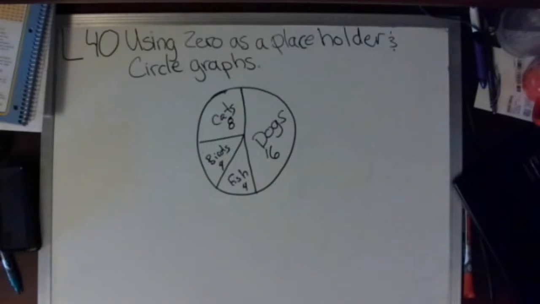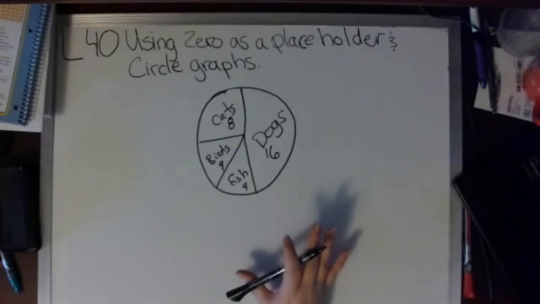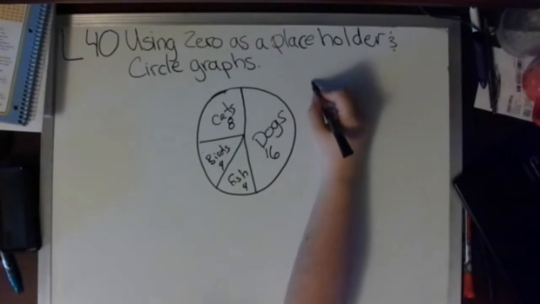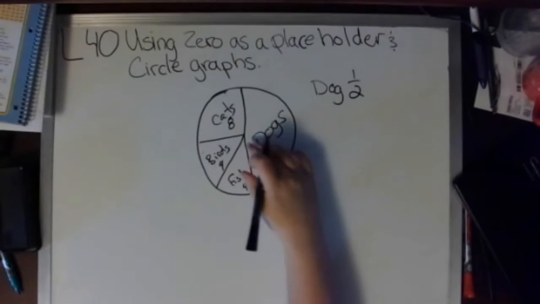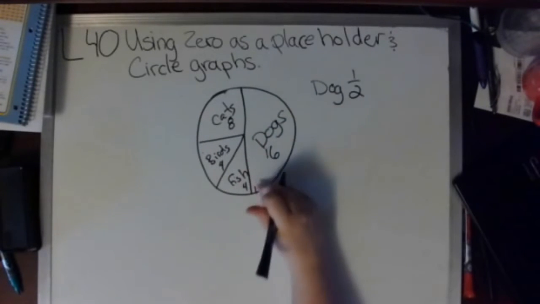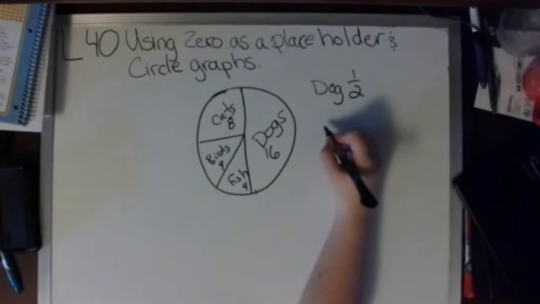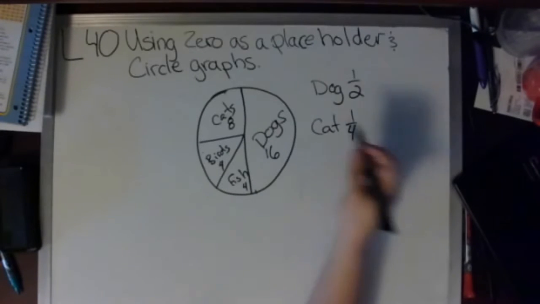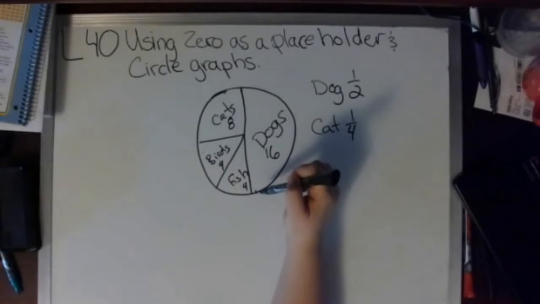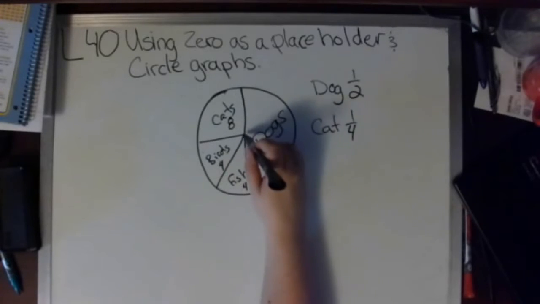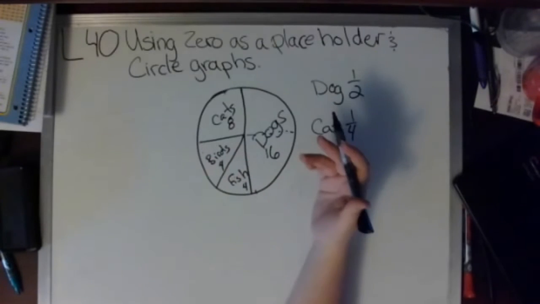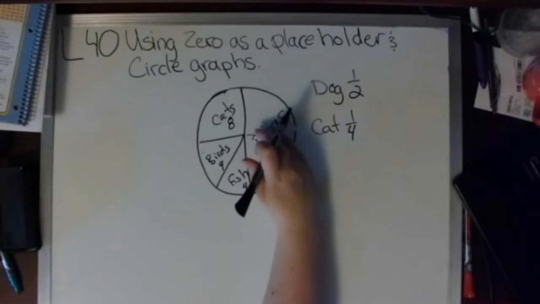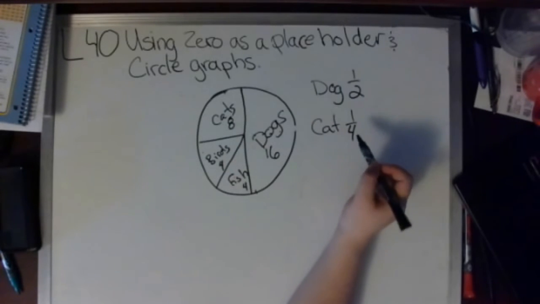Now, if we're looking at this as just fractions, let's break this down into fractions to start with. Half of my circle, if my drawing was a little bit nicer, is dogs. A quarter of my circle is cats, because if I were to break it into 4 equal pieces, one of those pieces is cats. Just like if I went across, 2 quarters would be dogs, 1 quarter is cats. And we all know 2 quarters is equal to a half. So half is dogs, quarter is cats.